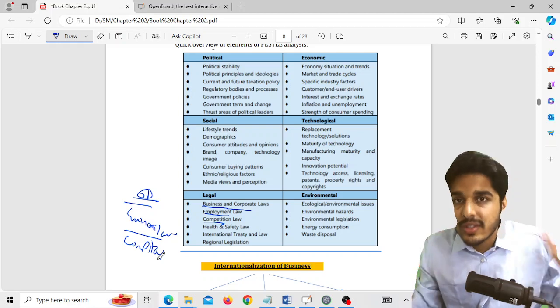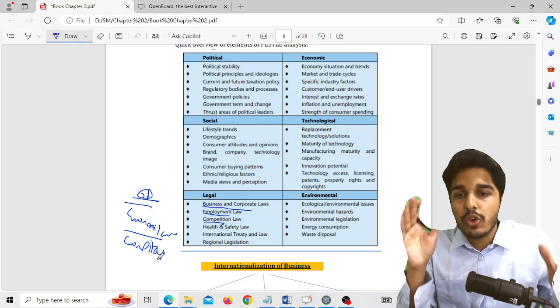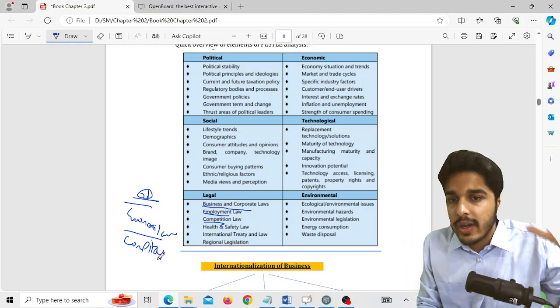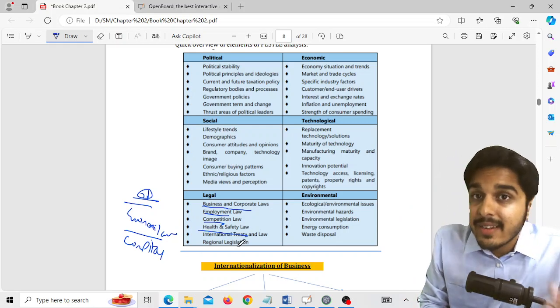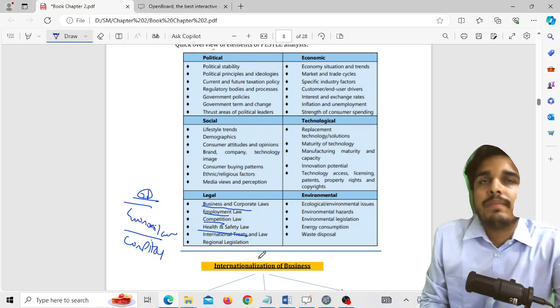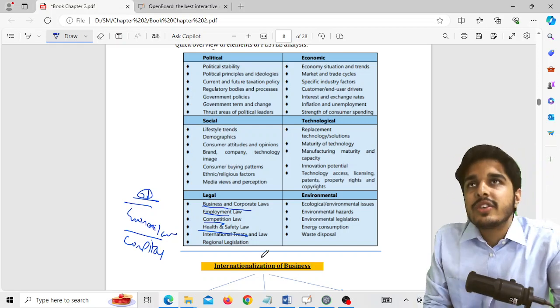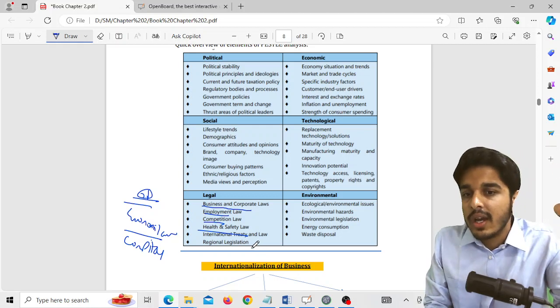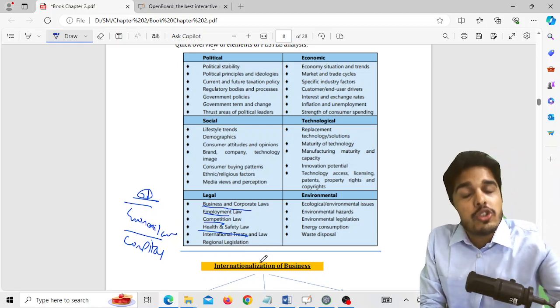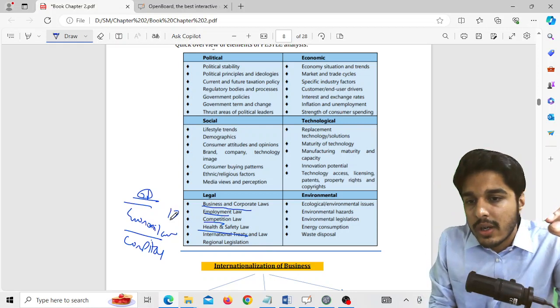So you are not doing such things. You have to be a good competitor. So you are following the competition law or not. Then health and safety law: if you are operating a manufacturing industry, you have to provide fire extinguishers, and you also have to drop women who work after 12 a.m.